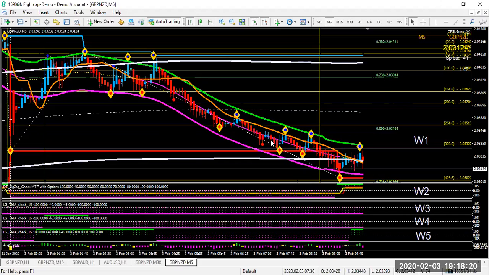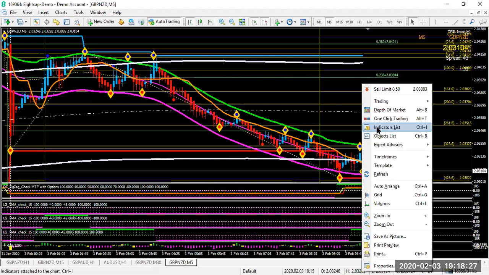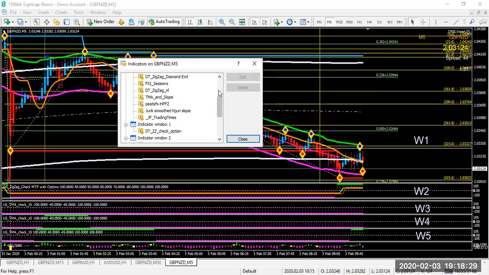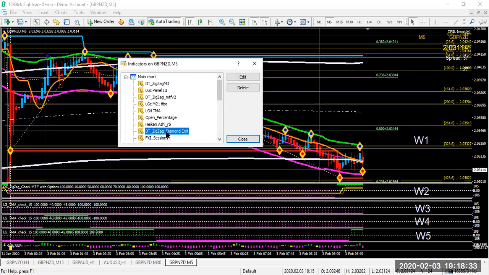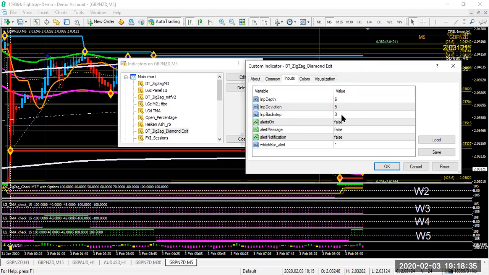Now the settings for those, I've made them a very low threshold, 653. Because when price is moving down, it moves up very quickly and back down again.